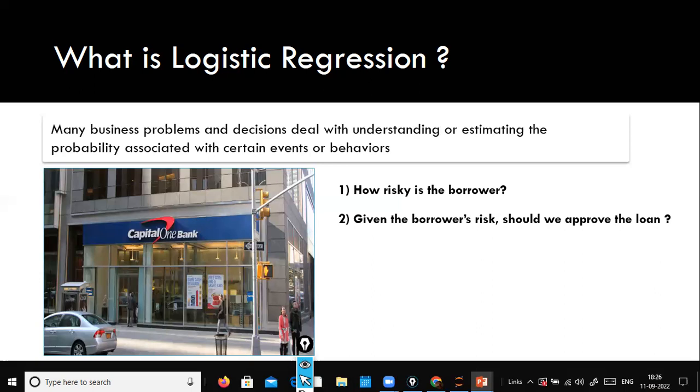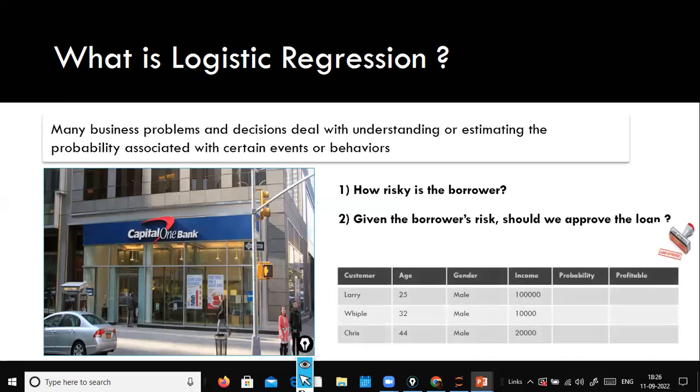If profitable, close your eyes and approve the loan, because the customer has to pay EMI along with the principal amount and the interest. The interest is the revenue for the bank.